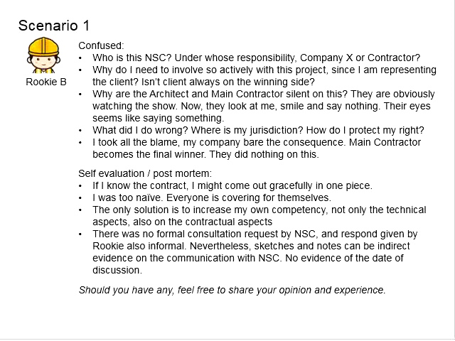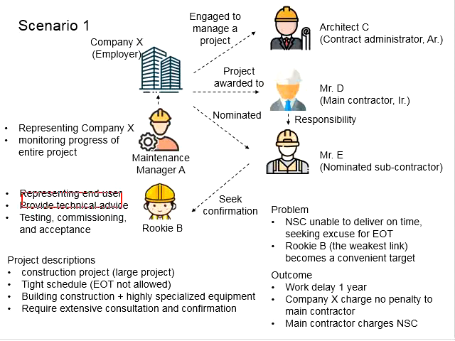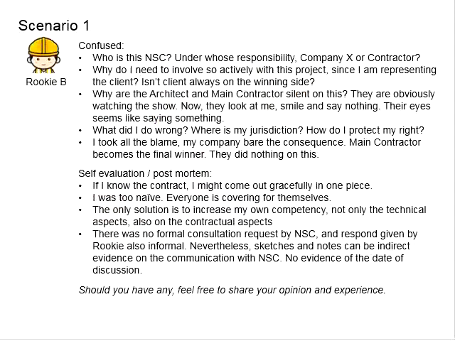Now the only solution that Rookie B has is to increase his own competency, not only on the technical aspects, which in this case Rookie B obviously has, as they hired him for giving technical advice, but also Rookie B needs to know the contractual aspects, and this is the weakest part of Rookie B. He also realized that there was no formal consultation request by NSC.